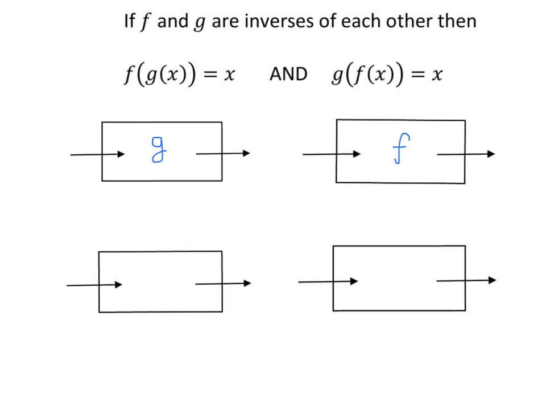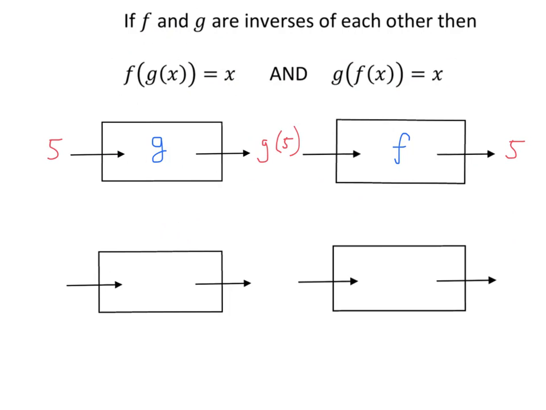If I were to plug in, let's just choose any number, let's say 5 into g, that would give me some output. I'm just going to call that g of 5. And if I take that output and plug that into f, then if f is truly the inverse function of g, the output should get me back to 5, because it undid what g did.